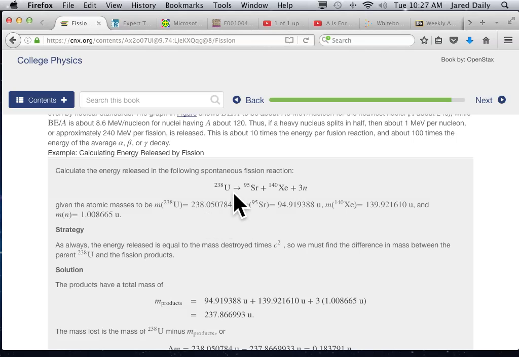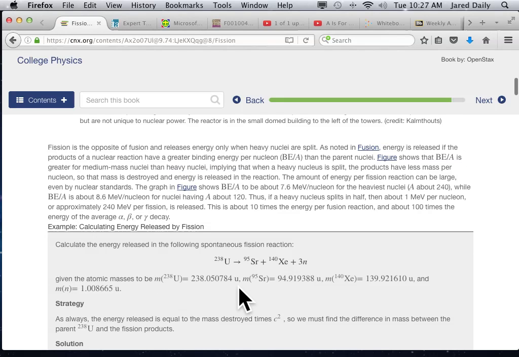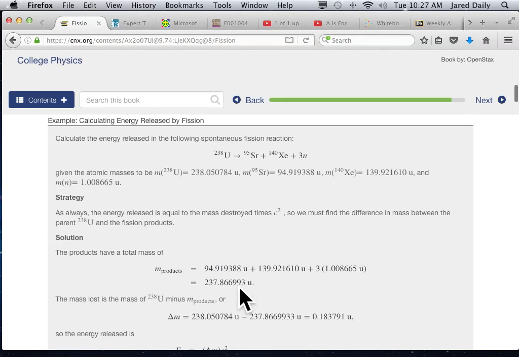But if you take the mass of strontium and the mass of xenon and the mass of the 3 neutrons and add them together, you get about 237.866. So this is 0.16 and that's 0.05. So it's about 0.2 atomic mass units have been lost in this process.